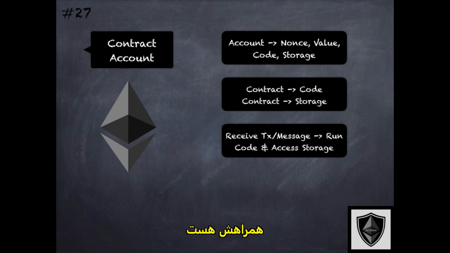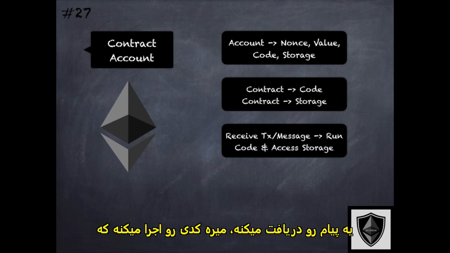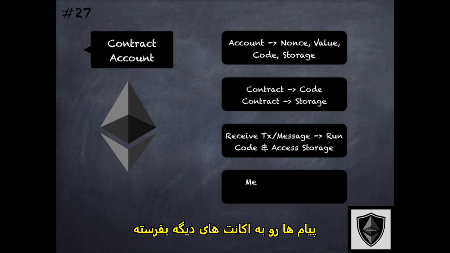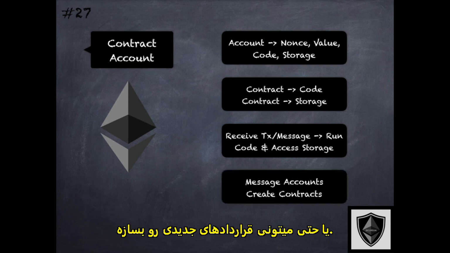Smart contracts: whenever the contract account receives a message, it triggers the code present in the contract account, and that runs the code and accesses any internal storage associated with it. And when the code runs, it can send messages to other accounts or even create new contracts. We shall see more about this in some of the forthcoming slides.